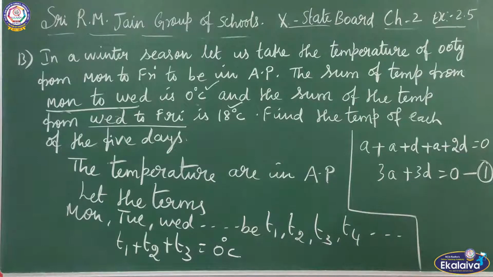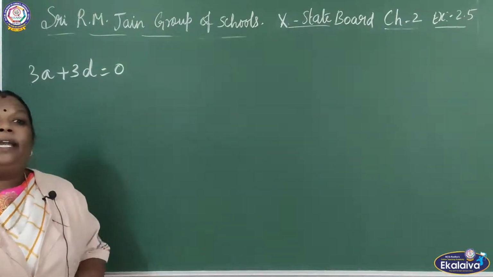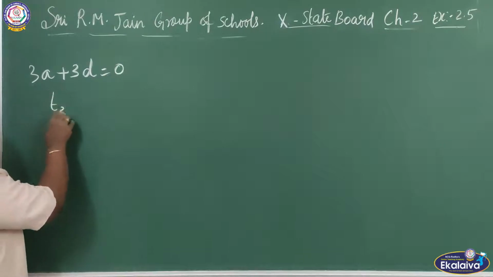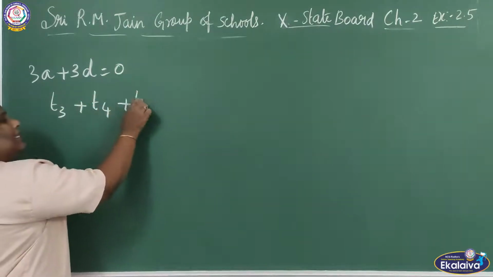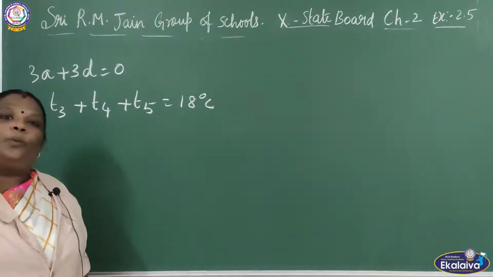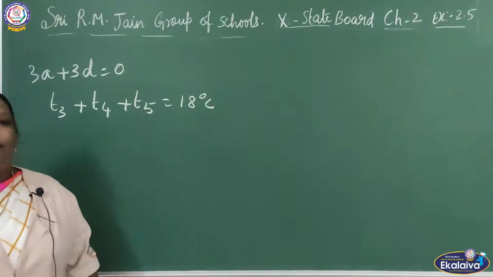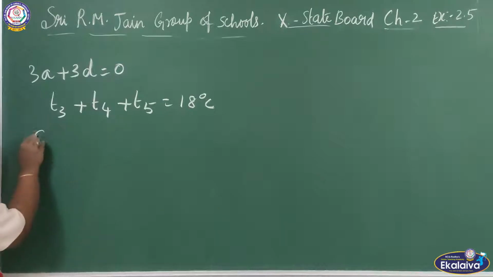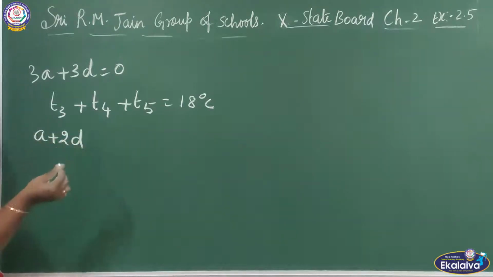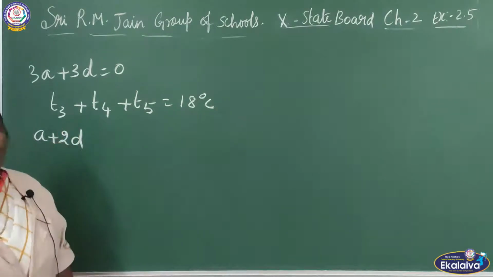The next one given is Wednesday to Friday, the sum of which is 18 degrees C. Wednesday is T3, so T3 plus T4 plus T5 equal to 18 degrees C. T3 is A plus 2D. You know the formula Tn equals A plus n minus 1 into D; 3 minus 1 is 2.